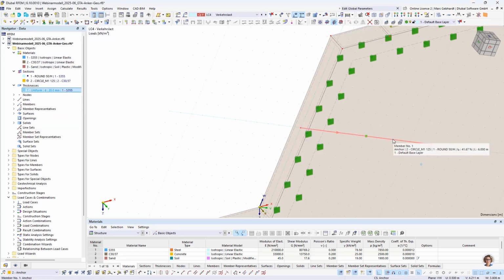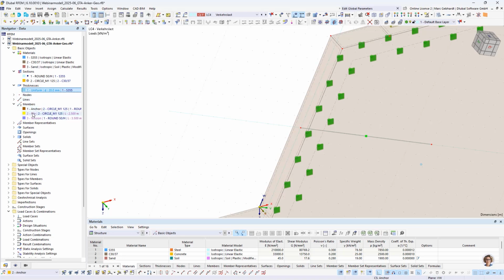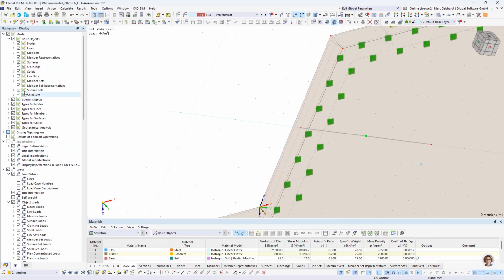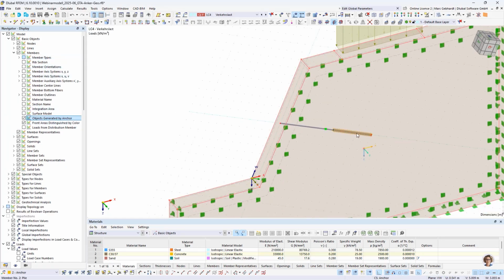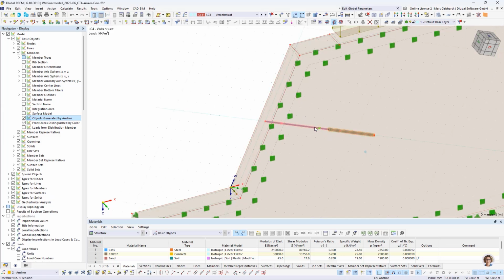Now we see anchor is generated, and we see also the sub-members are generated here. You can see them at the moment in standard, but can easily make them visible by selecting the objects generated by anchor. So here is the pile part and the tendon part.